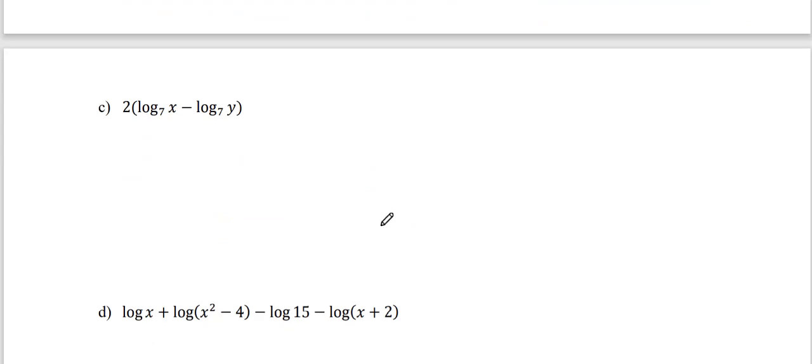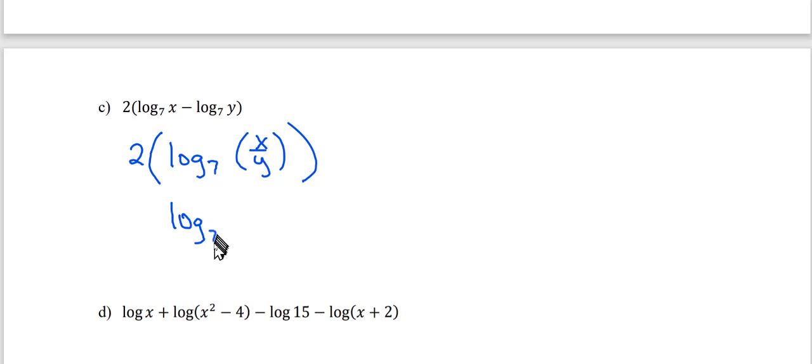One more here. You can follow order of operations. Inside the parentheses, we're going to be able to condense the log base 7 of x minus log base 7 of y into log base 7 of x over y. This 2 is on both of those, so the whole thing there is squared.